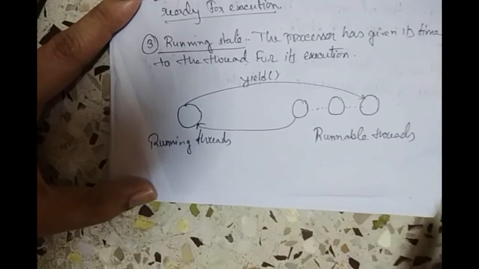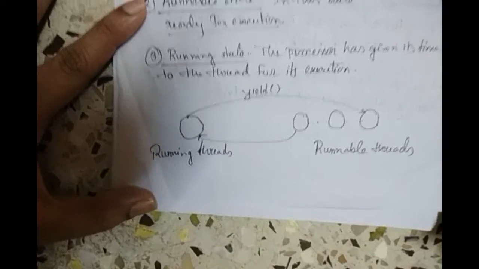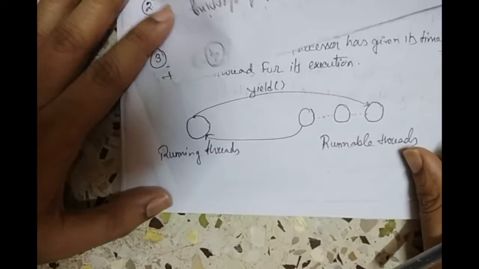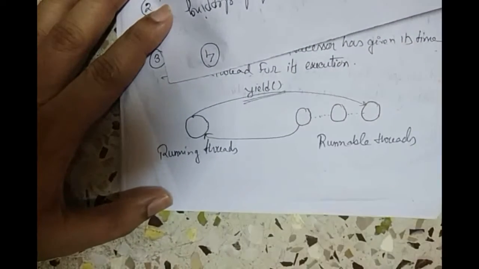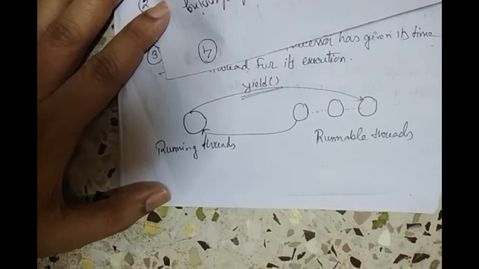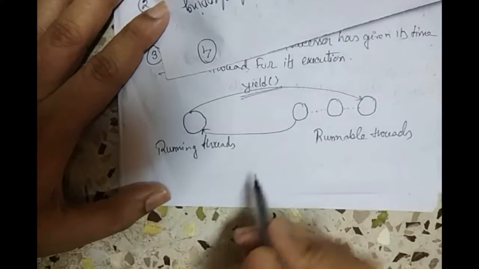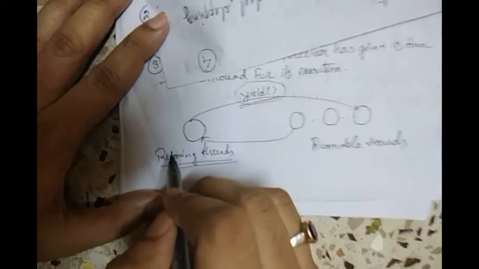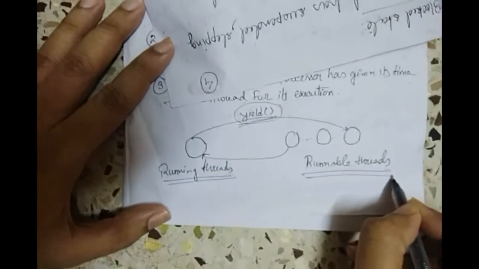Now we are discussing some methods that a thread can invoke. So what is that? The yield method. What is the yield method? You can see in the diagram, whenever a running thread invokes the yield method, it goes to the runnable threads.